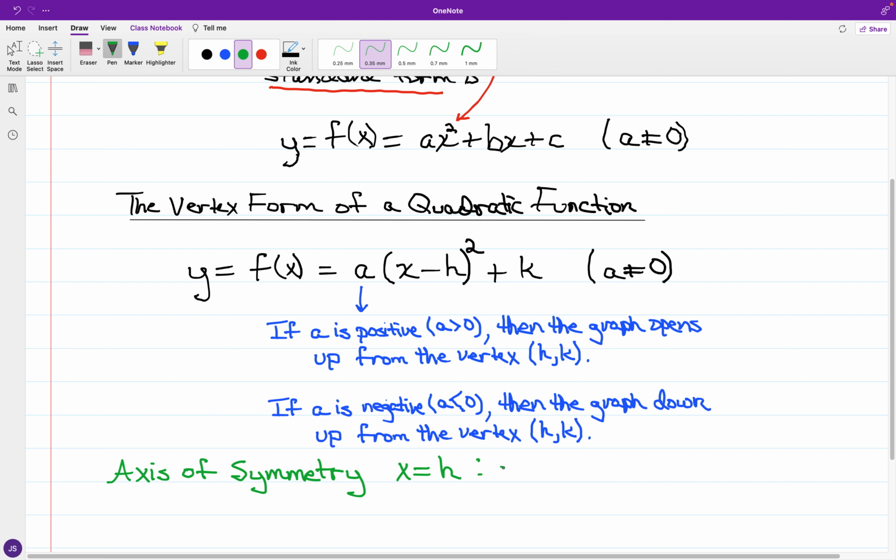This is going to be a visual vertical line that's going to divide the graph of y is equal to f of x into equal mirroring halves. Like you'll have a left half and a right half.